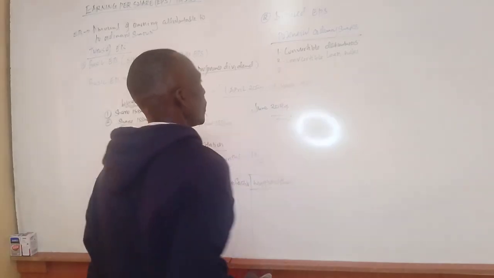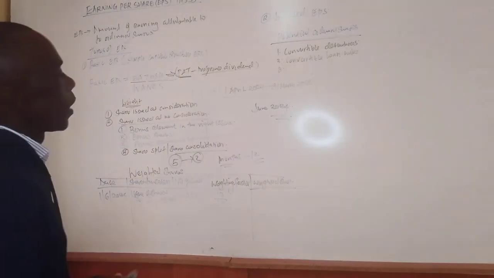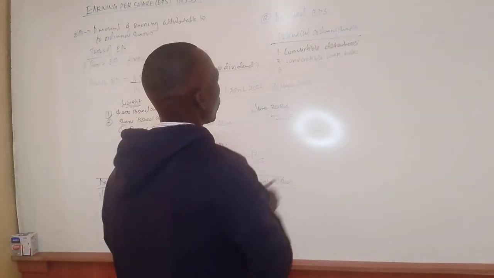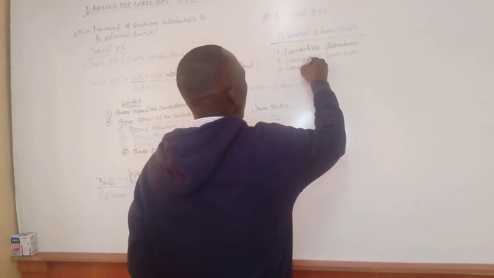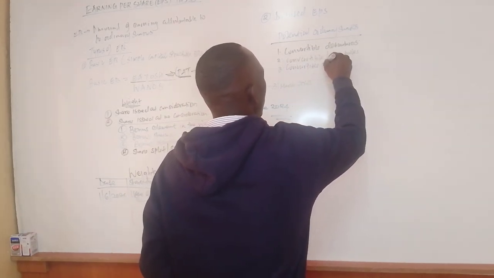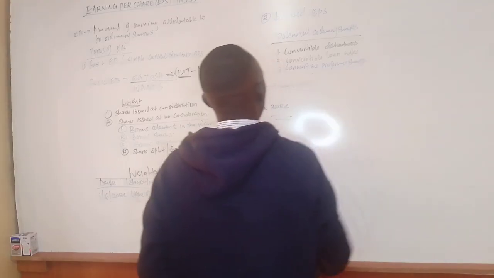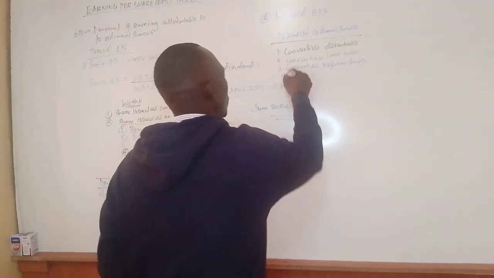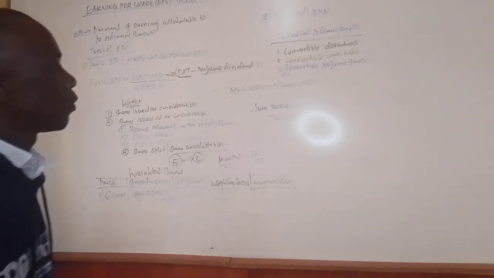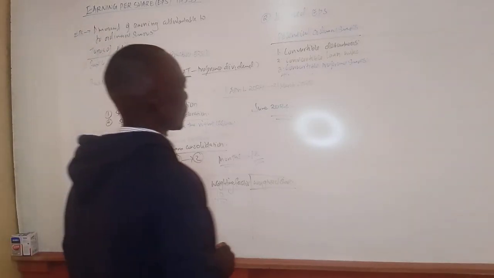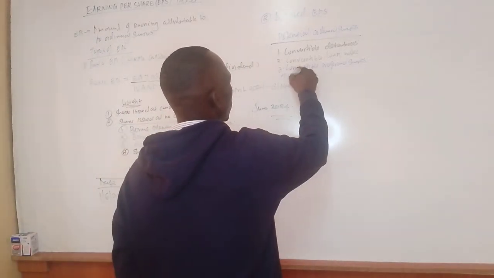Then number three, we can talk about what we call the convertible preference shares, and also number four is the share options.